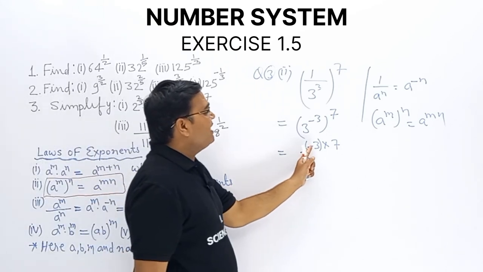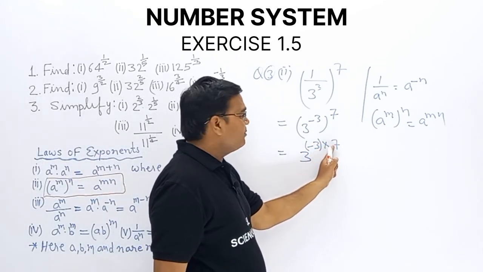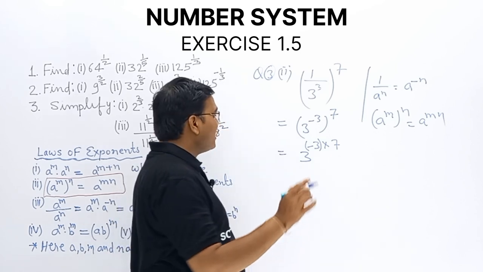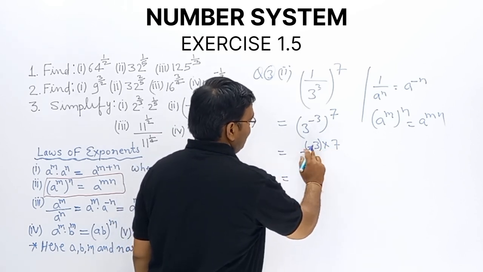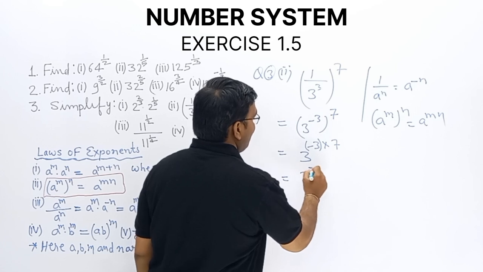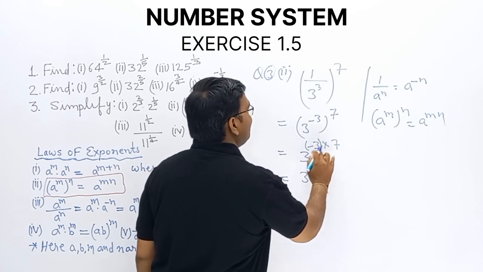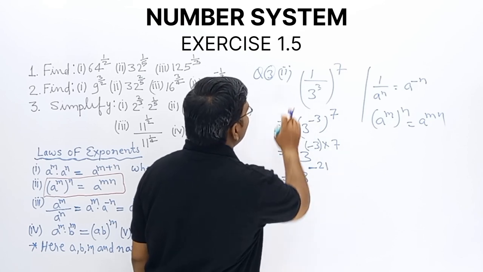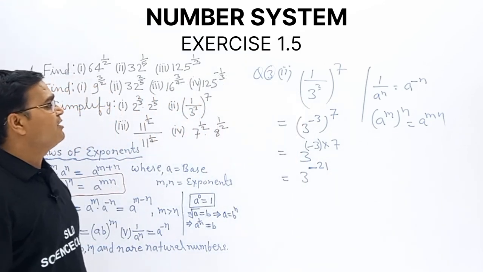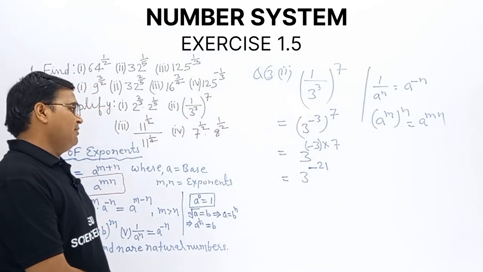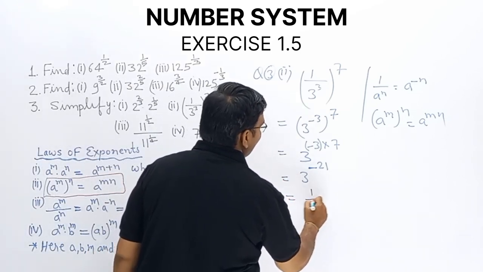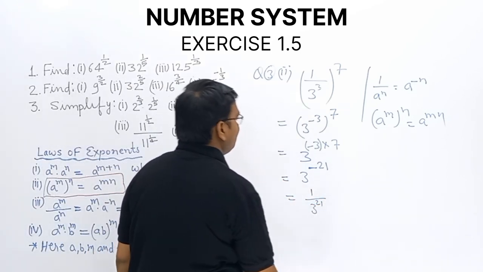Now again, this is a negative number, this is a positive number, we are multiplying. One is negative, one is positive. In the multiplication, sign will be first, minus into plus, minus, and 3 into 7, 3 sevens are 21. So the result of this question will be 3 power minus 21, and this can be written, in the negative form, you can use 1 upon 3 power 21 like this.